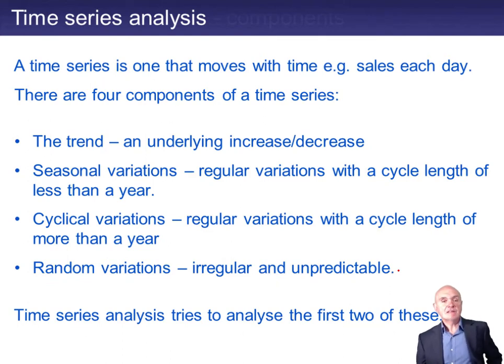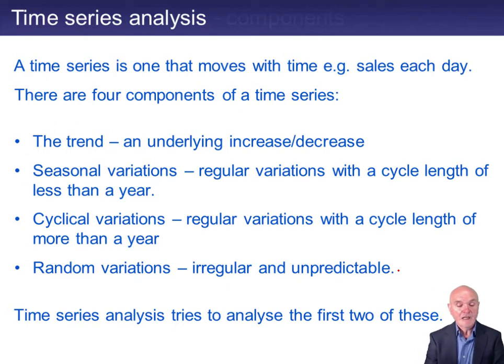Time series analysis is slightly more sophisticated than linear regression. It says that as something moves through time, it could be sales over the days of a week, sales through the quarters of a year, attendance each month of the year, or the number of people in the shop each month of the year, anything that varies with time.